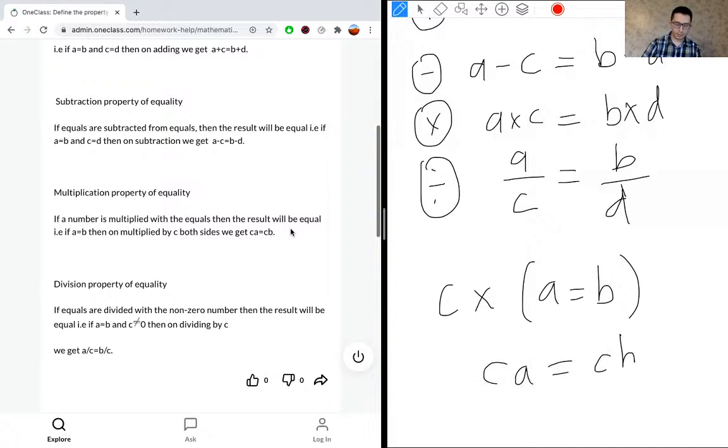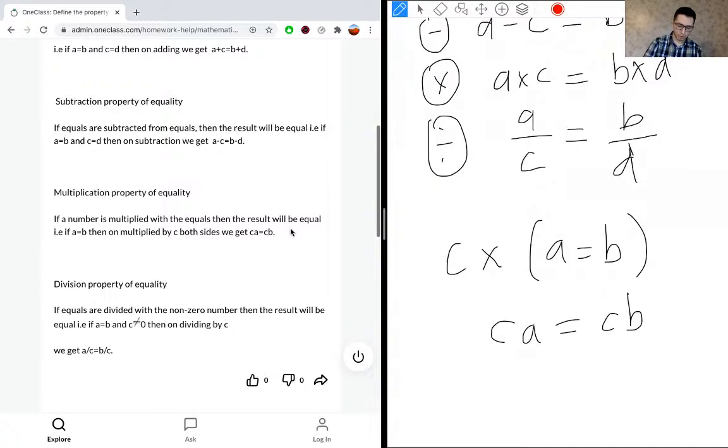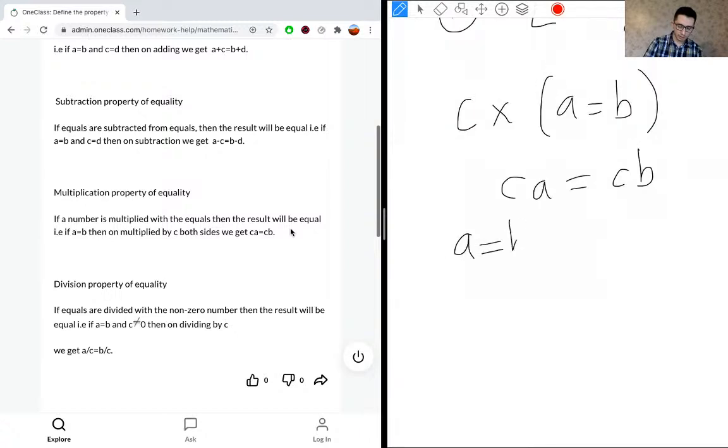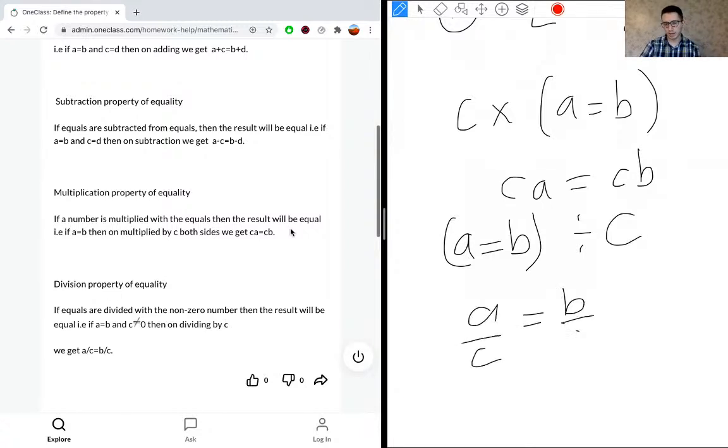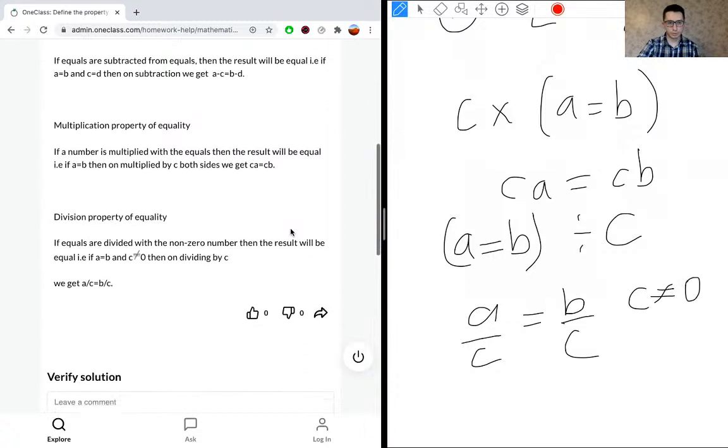And similarly, if we were to have A equals B divided by a constant C, we would get A over C equals B over C. So it applies to both sides of the equation in this scenario. And here, C cannot equal 0. So the solution here is correct.